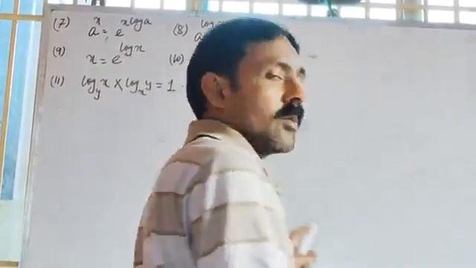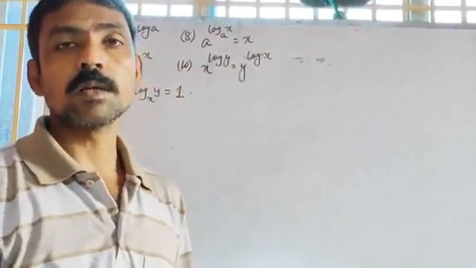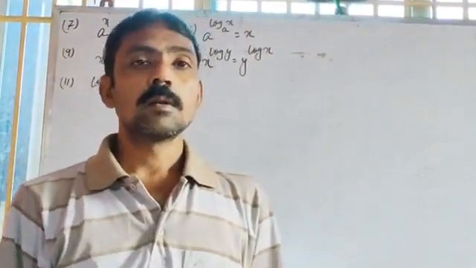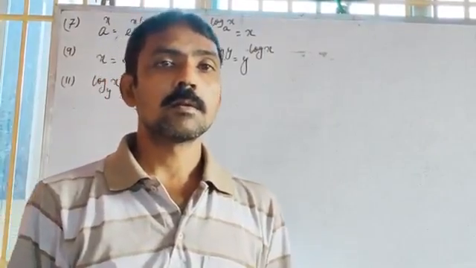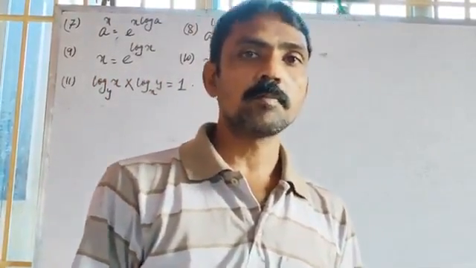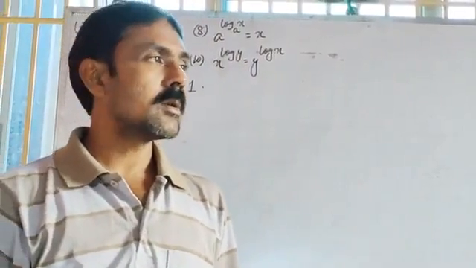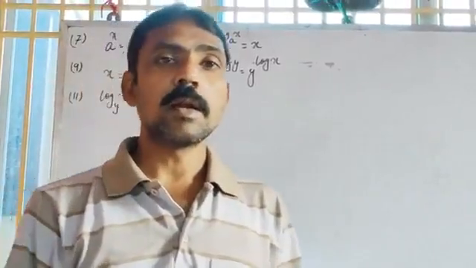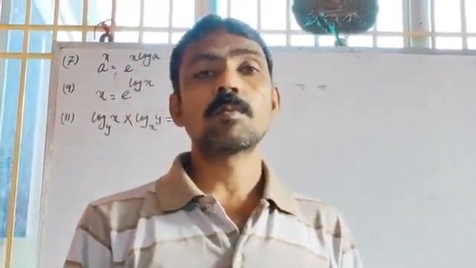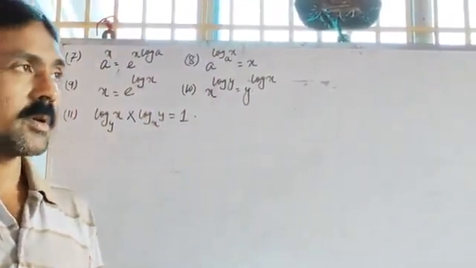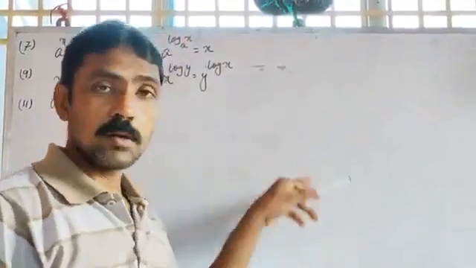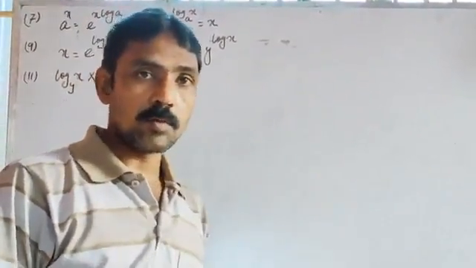Mainly there are these methods: direct method, used only for polynomial functions; then for rational functions, the factorization method; third was rationalization; and fourth was substitution or h method.